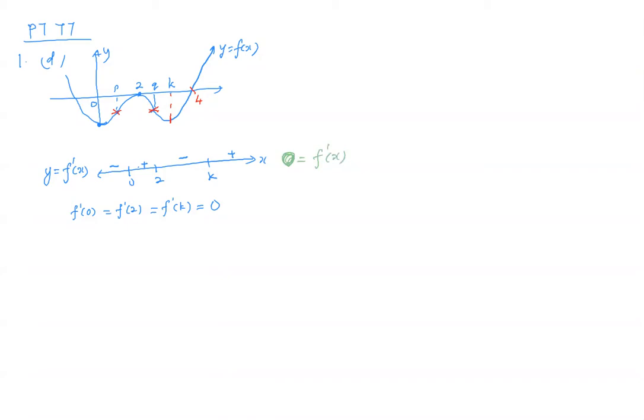So my f prime x will pass through this point, will pass through this point, will pass through this point. Okay? Below, above, below, above. Okay? That is how I imagine first. Okay, done. So what I can do now is I can use my f double prime x sign diagram to help me to draw the f prime x graph.